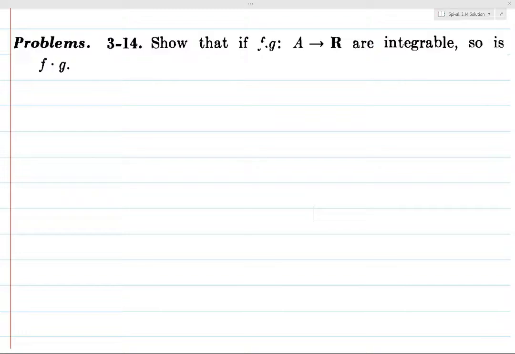You use the fact that if you pass an integrable function through a continuous function, the resulting function is still integrable. Then you show that if f is integrable, then f squared is integrable.